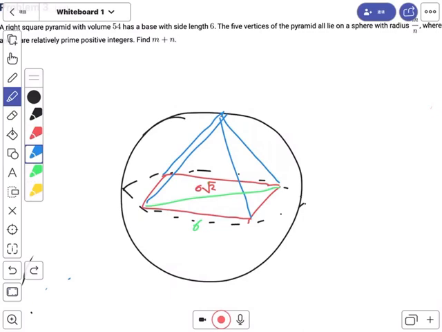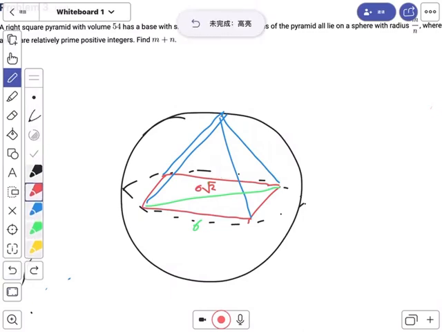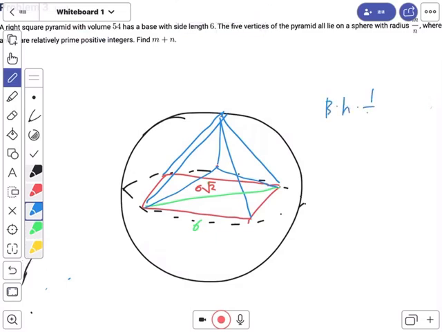So now I want to actually just find the height of this triangle. Now if we denote some point like this to be the center, then we can just make some connections. Now what is the height? Since we want to find the volume, in volume we actually have base times height times 1/3.